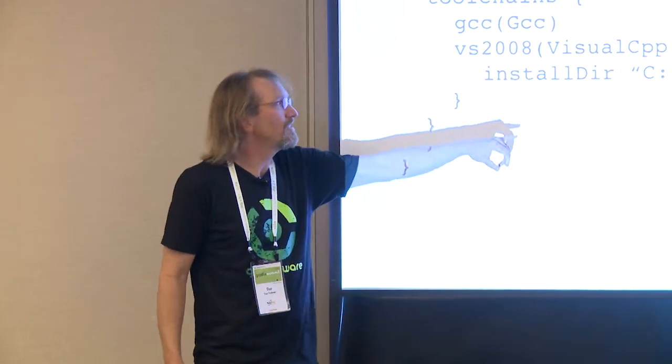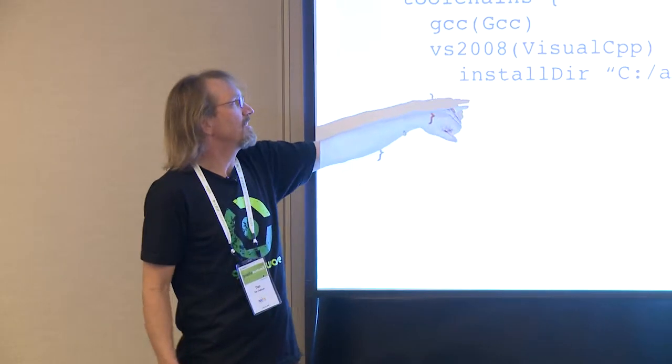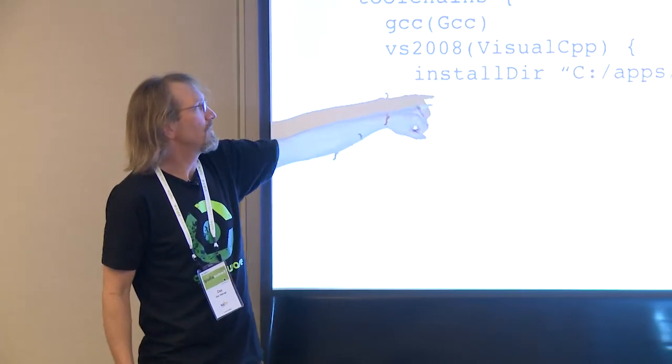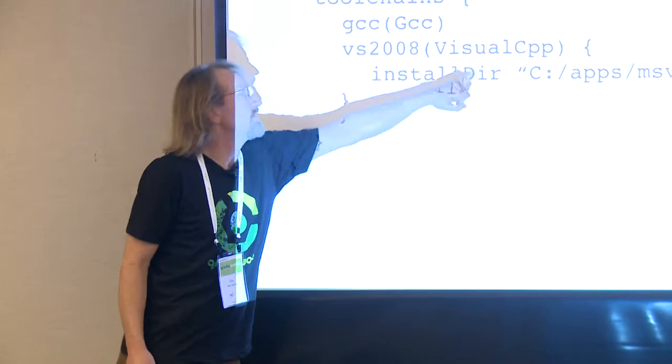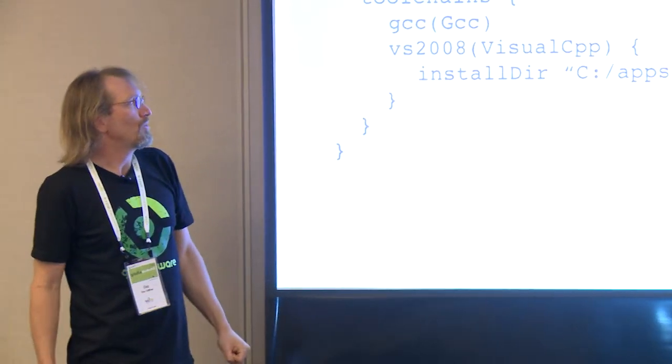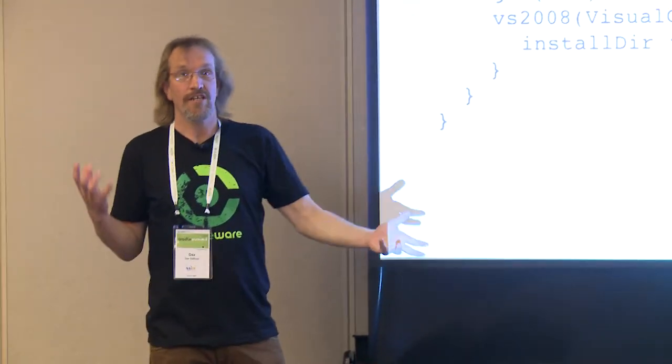You probably won't need to do this, but if you did need to tell us where your Visual C++ was installed, you would do something along these lines. We do look in the Windows registry to try to find all the installed versions of Visual Studio. So generally, you shouldn't need to do this. Yeah, so that's tool chains.